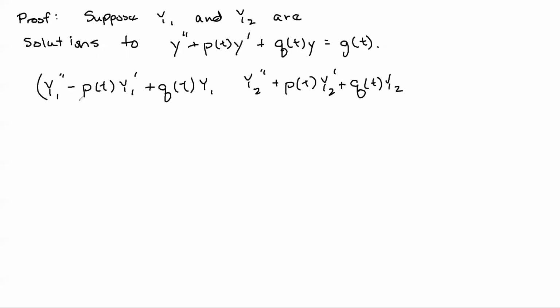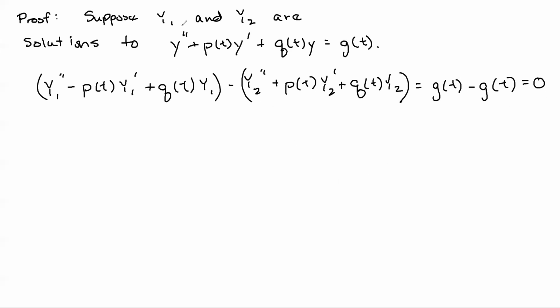And if we went through and subtracted those, then this one we could replace with g of t, because we know it equals g of t. And this one we could also replace with g of t. And we would end up getting that the difference of these two things would be 0.